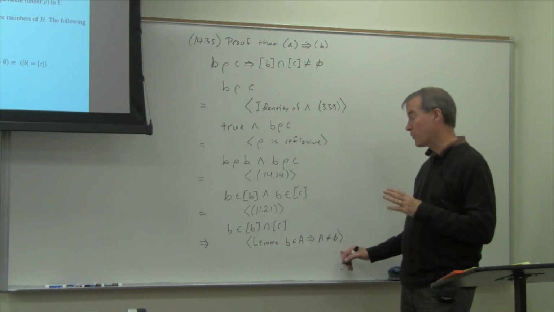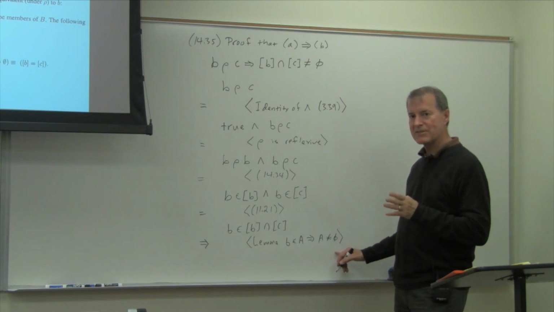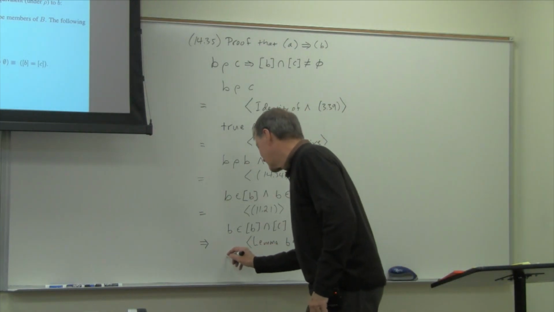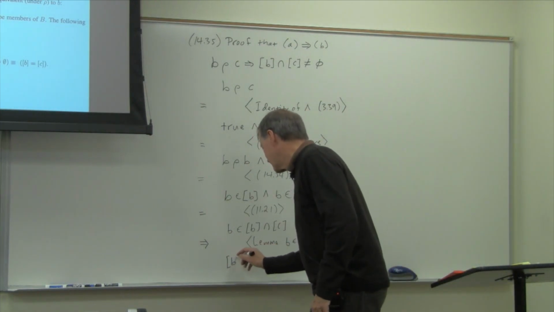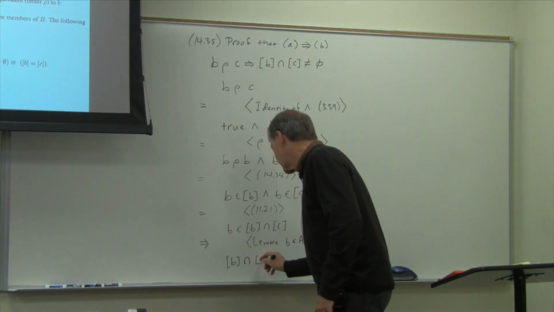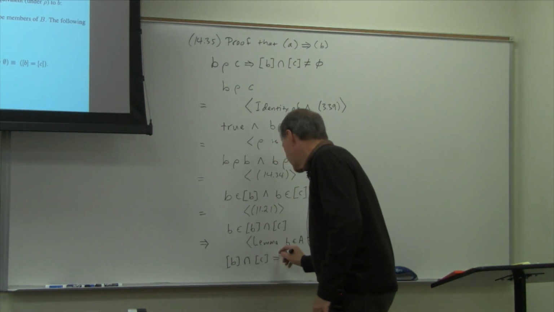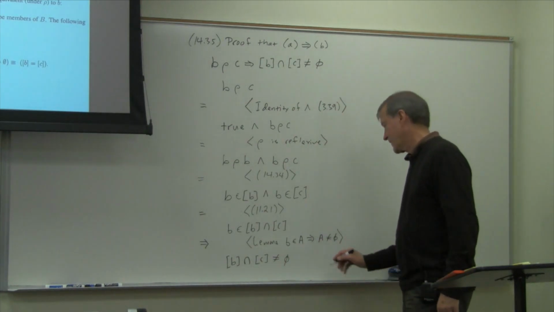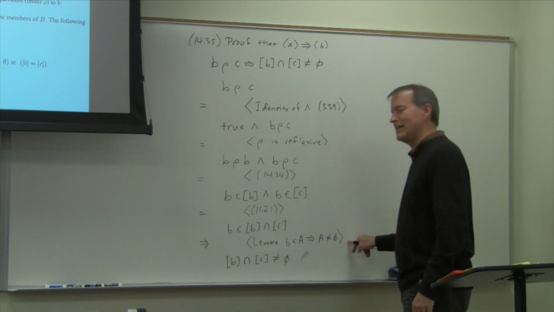And we will prove this lemma, but if we accept this, then this implies what we want it to be: the equivalence class b intersection equivalence class c is not equal to the empty set, right? And that proves that, but we need to prove the lemma.